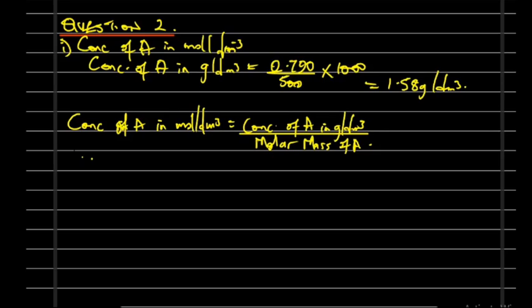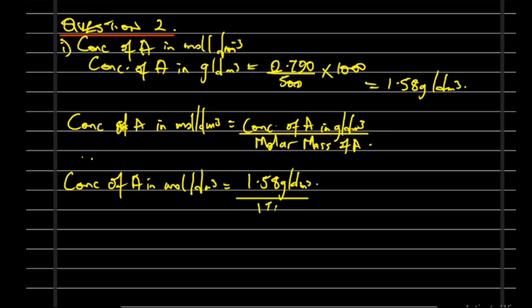So concentration of A in mole per dm cube equals 1.58 grams per dm cube divided by 158 grams per mole.